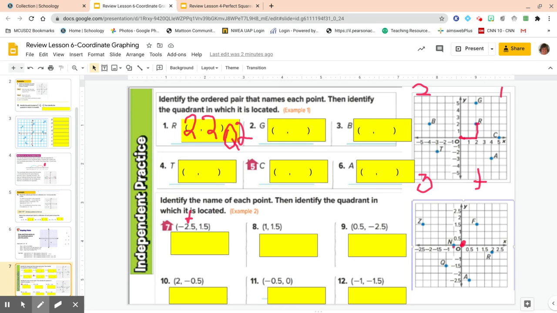So I go to the left 2.5, which is right here, but there's no point here because I'm not there yet. And then my second coordinate, my y, is going to be positive 1.5. So I'm going to go up 1.5. And the point that I find there is point Z. And you will do the rest of 8 through 12 as well.